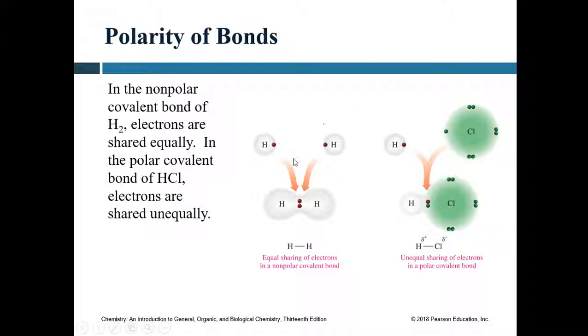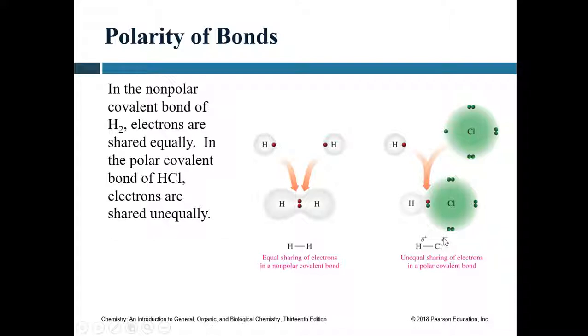So first of all, if it's equal sharing, then our electrons will hang out equally around each element. However, for example, chlorine is right up there and kind of next to fluorine, so it's kind of electronegative. And so those electrons, especially the ones that are shared from hydrogen, they're going to hang out closer to chlorine, just a little bit more.